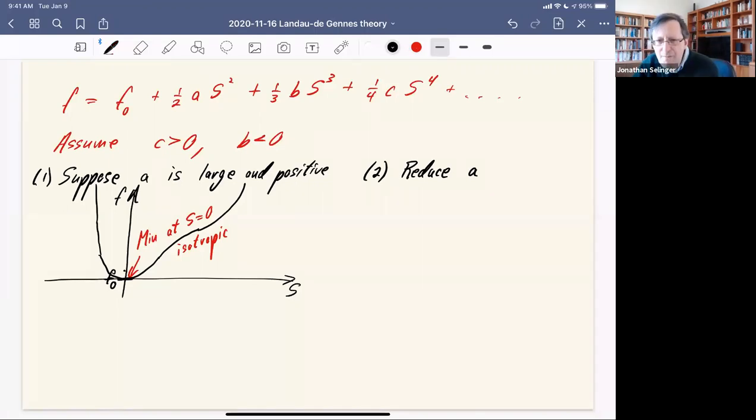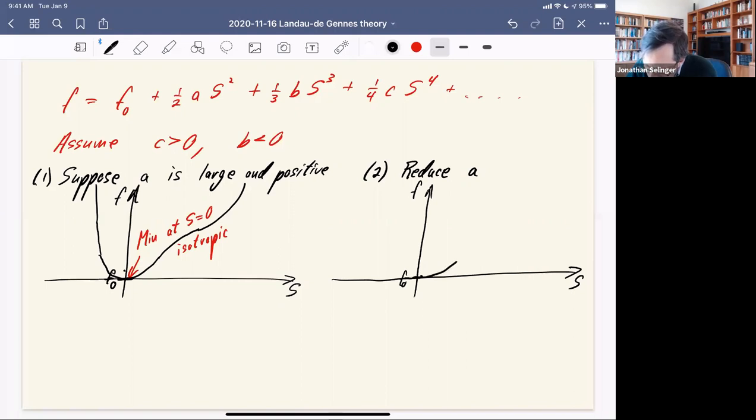Of course, I could do this in Mathematica, but it's good to practice thinking about these things, even without using the software. So if we reduce A, now what happens? Again, we have a plot that starts off as a parabola. Now it's a parabola that's not so steep.